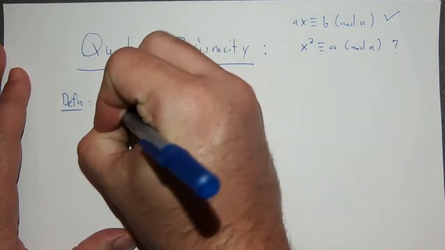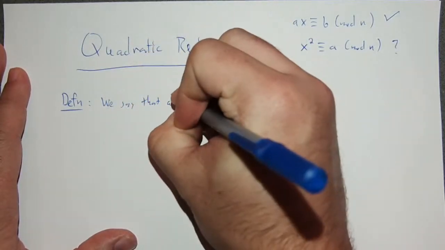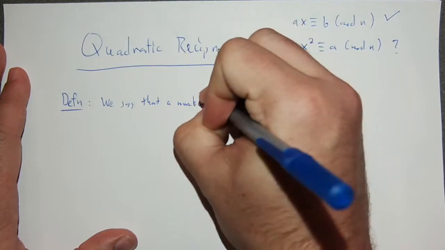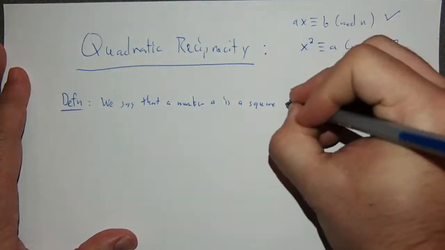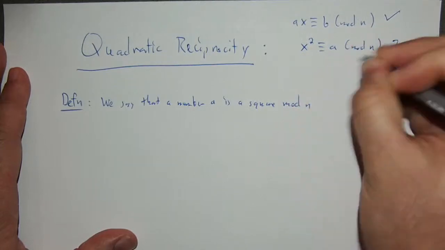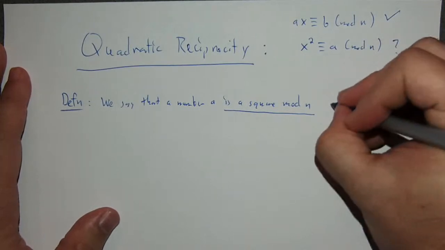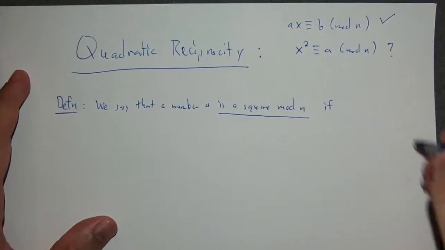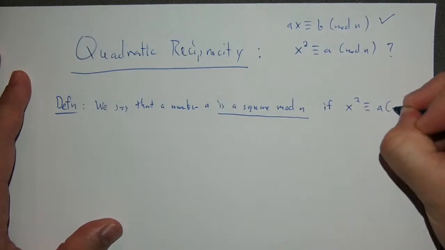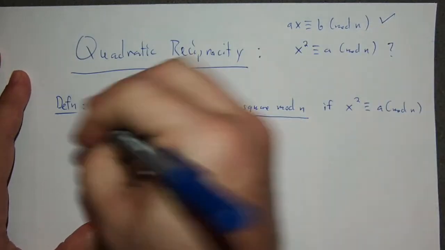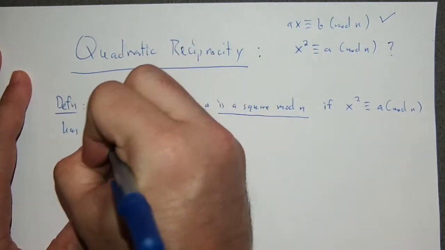So we say that a number a is a square mod n if the congruence x squared is congruent to a mod n has a solution.